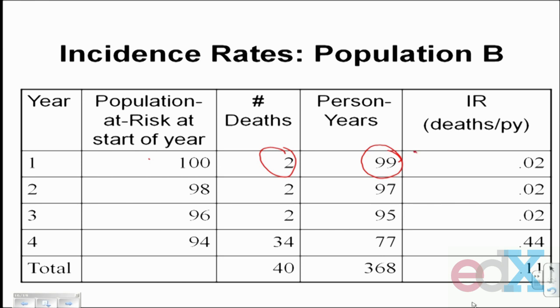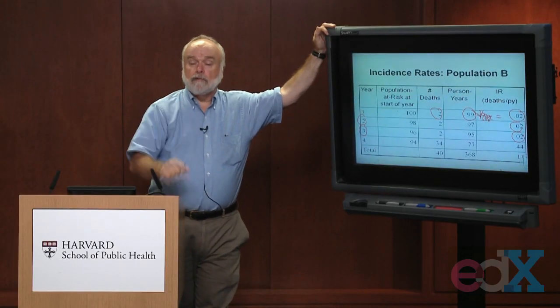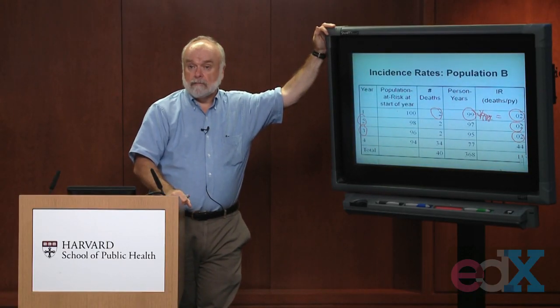Incidence rate would be 2 cases divided by 99 person years, or 0.02 cases for every single person year, a small number. I can do the same calculation as before for years 2 and 3, and the incidence rate stays small. Each year the incidence rate, carried to 2 decimal places, is about 0.02.